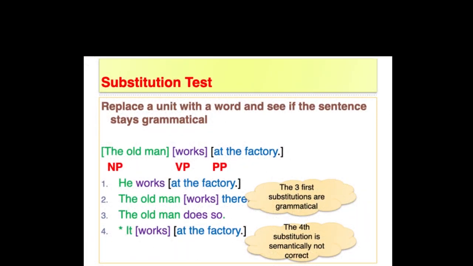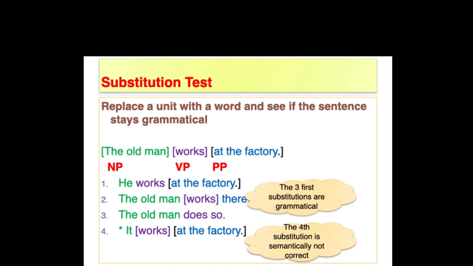What do we mean by substitution tests? We can know that a string of words constitutes a unit if we replace this unit with a word and see if the sentence stays grammatical. Now, let's have an example. We have here, "the old man works at the factory".